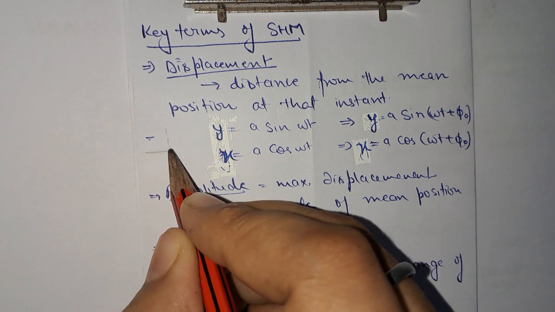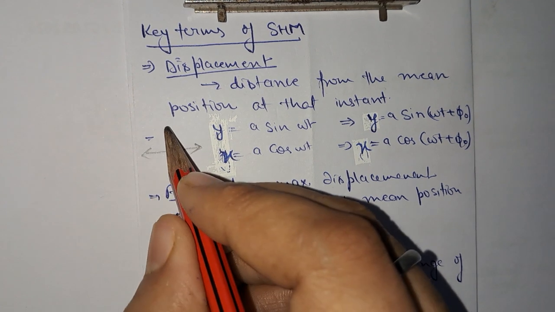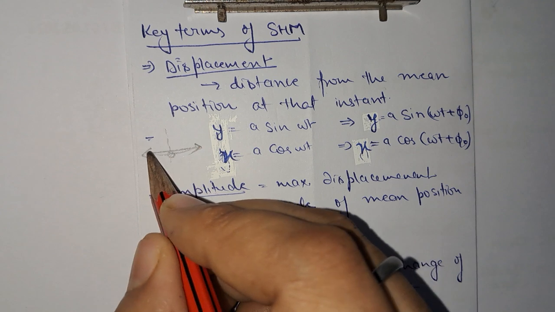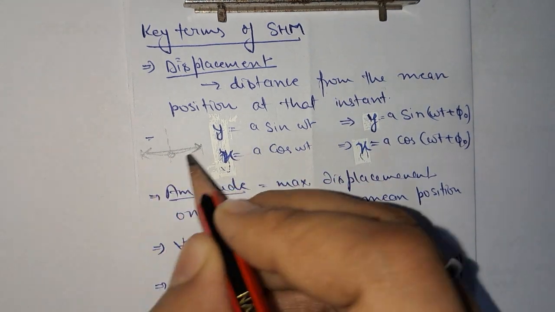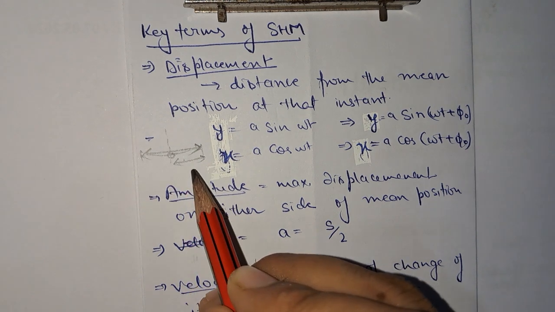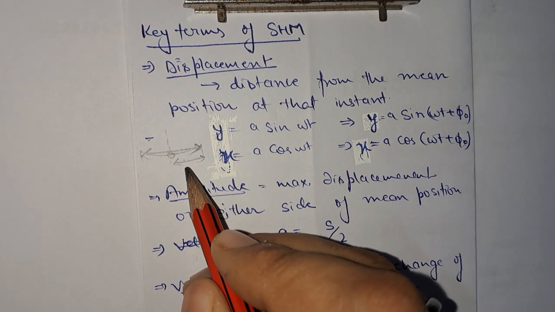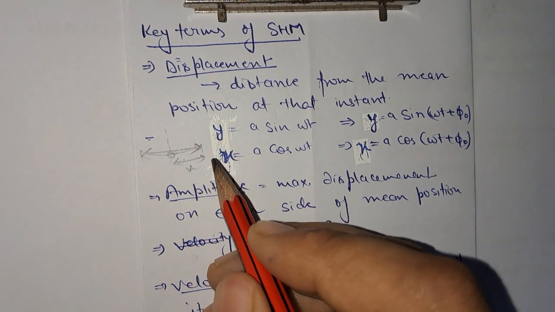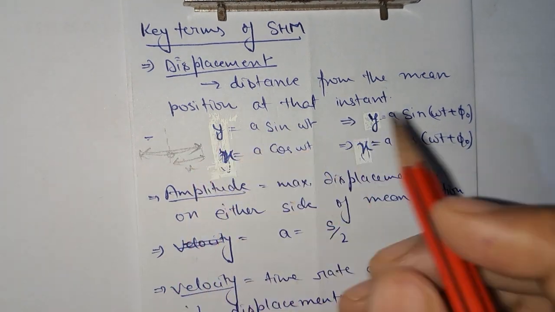Let us suppose a simple pendulum, so it is moving, and the distance from the mean position is known as displacement. This is the displacement. You can consider it to be x or y for a spring.